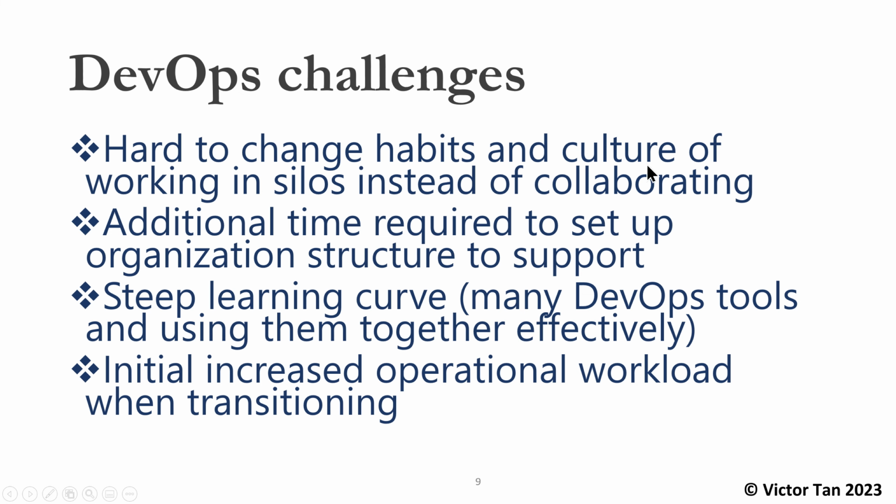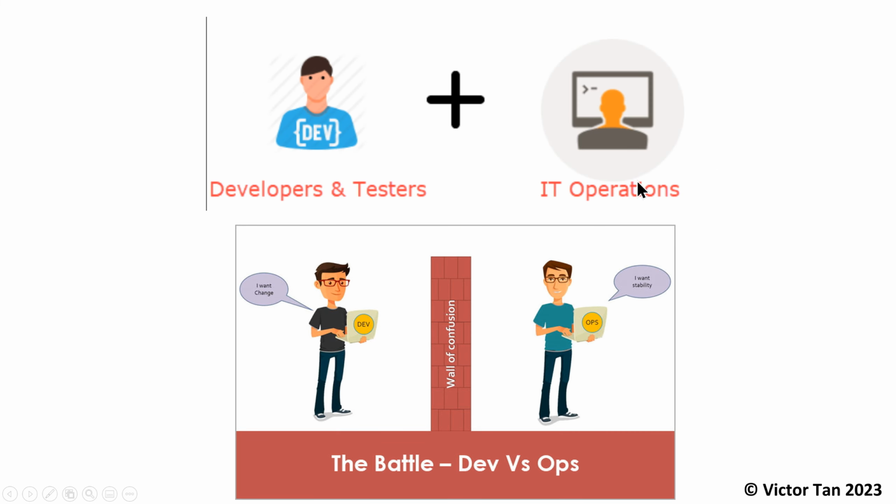The culture change is you need to start collaborating. Collaborating between whom? Between the developers and the IT operations team. That is the main culture change. Without the culture change, even if you use all the DevOps tools, you're still going to end up arguing with each other and blaming each other when there is a problem with the application on a production server.